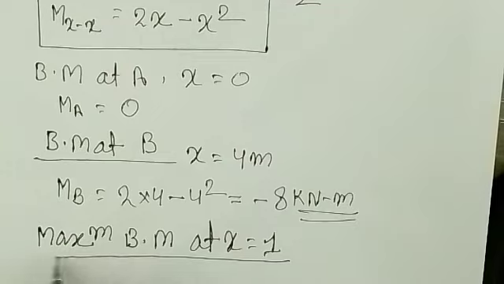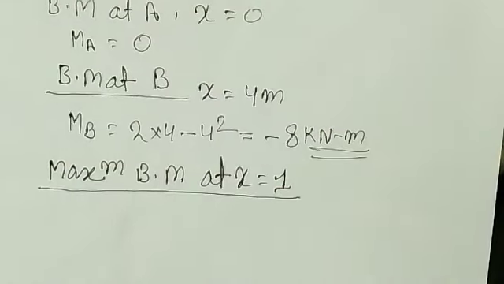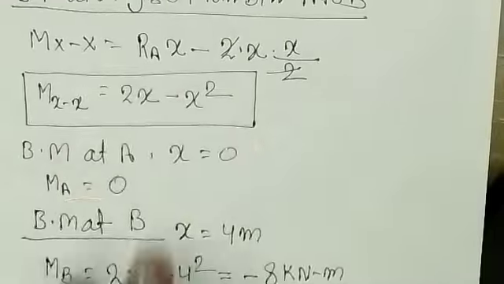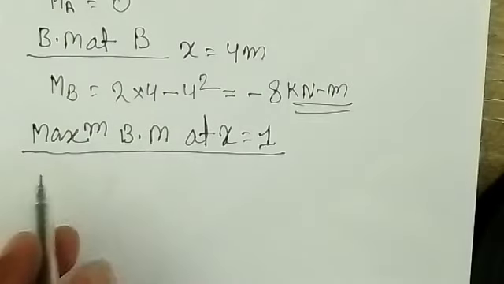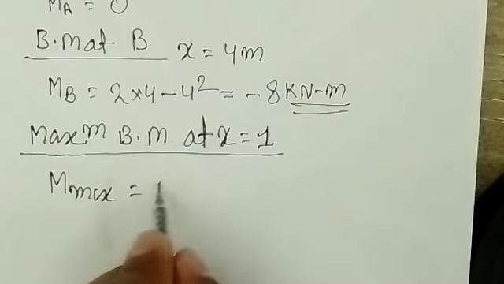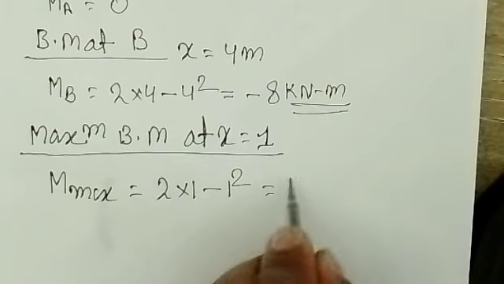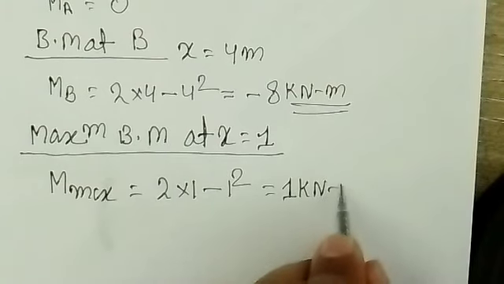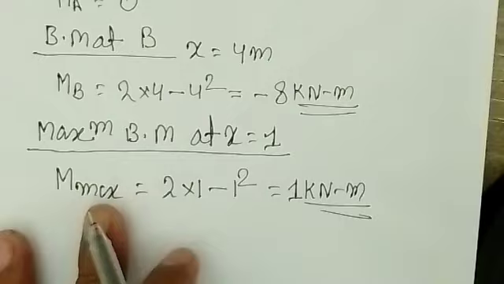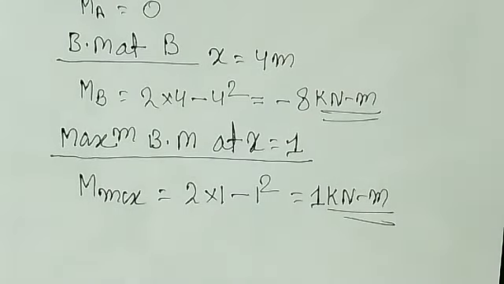Because at X is equal to 1 meter we found the shear force becomes 0, right? So now you can put X is equal to 1 in this equation, and you'll get the maximum bending moment. So here I am writing M max is equal to 2 into 1 minus 1 square, which is 1 kilonewton meter. Positive, right?